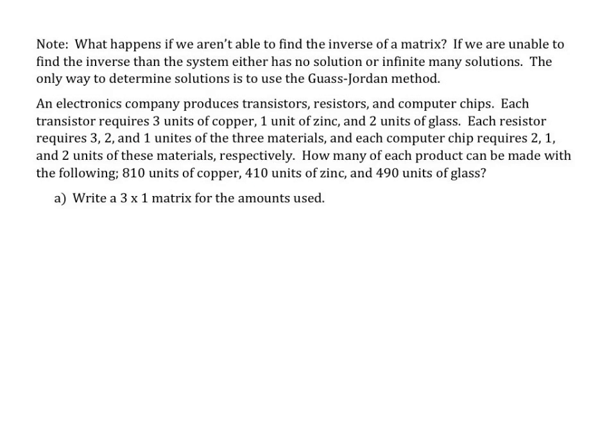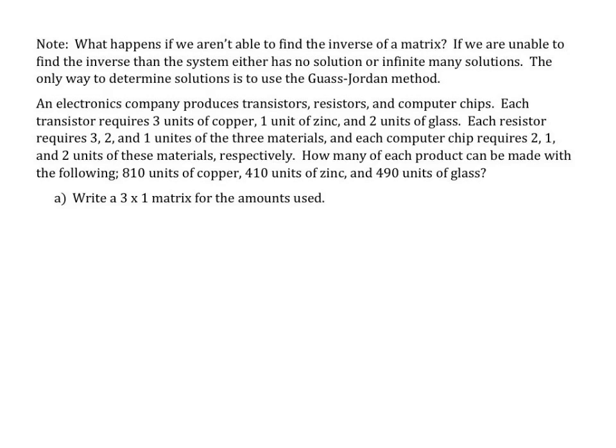What happens if we aren't able to find the inverse of a matrix, which is completely possible? So if we're unable to find the inverse, then the system either has no solution or it has infinitely many solutions. And the only way to determine is to use the Gauss-Jordan elimination method. So let's say we have an electronics company that produces transistors, resistors, and computer chips.